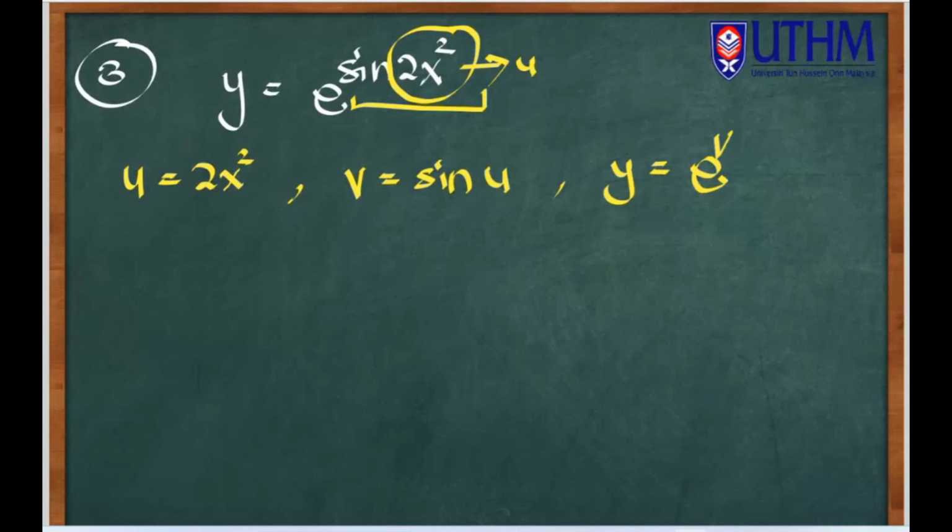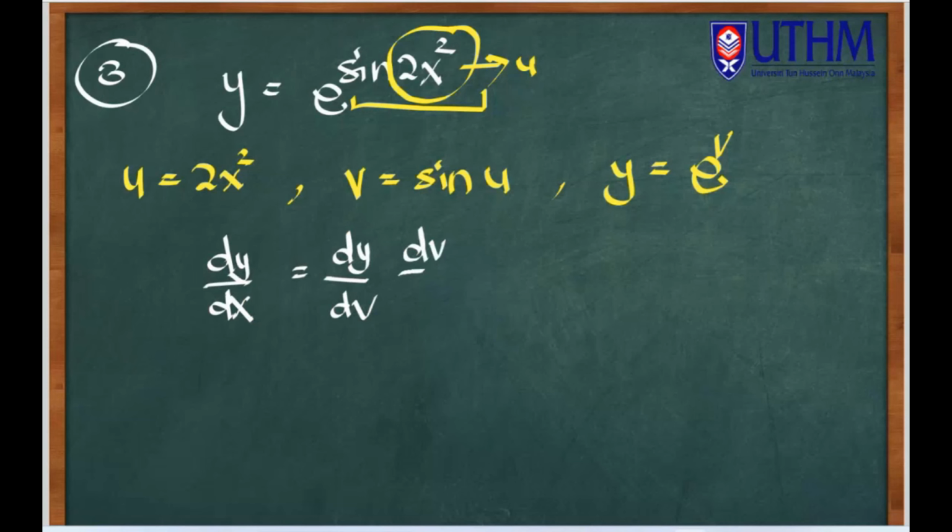In this question, we can use the chain rule. The formula is dy/dx equal to dy over dv times dv over du times du over dx. Therefore we need to find dy/dv, dv/du, and du/dx.